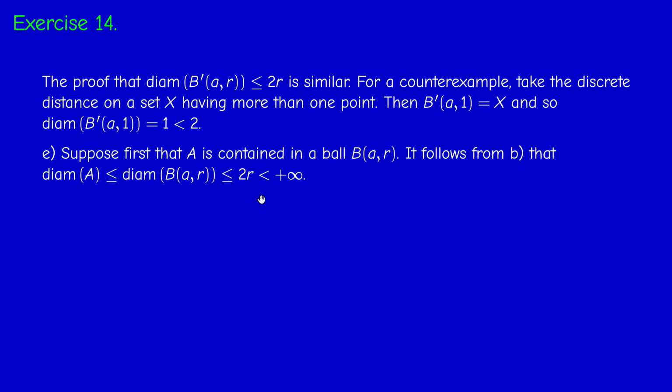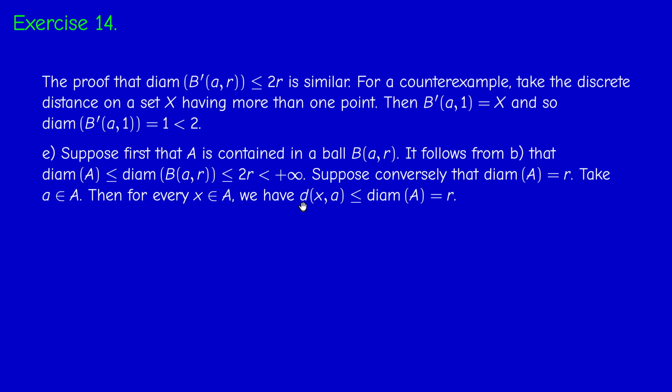So suppose first that it's contained in a ball. Then according to question B, the diameter of A is less or equal than the diameter of the ball, which is at most 2r, which is finite. Now conversely, if the diameter is finite, call it R, a positive number, consider an arbitrary point a in A. Then the distance between any point x in A and this fixed a is less or equal than the diameter by definition, because this is a supremum.